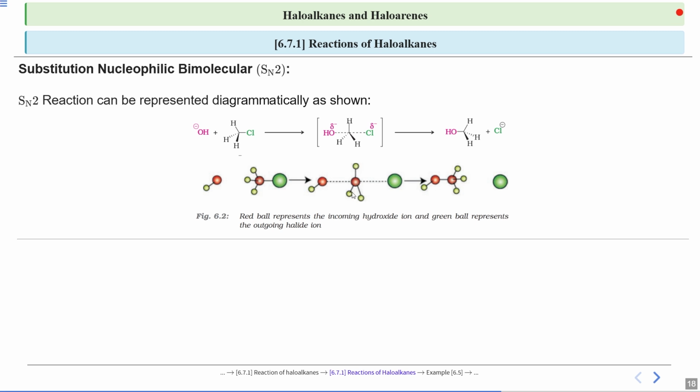Okay, and all the other three carbon-hydrogen bonds come in the same plane, and the lone pair present on our hydroxide is going to attack the partial positive carbon of the carbon-halogen bond, and the carbon-halogen bond will break, and you will get this final product where hydroxide ion is bonded with your carbon, and the halide ion is removed from the reaction. Okay, so these are the 2 ways, or you can say 2 diagrams, through which you can represent the SN2 reaction, how it is happening in a single step.